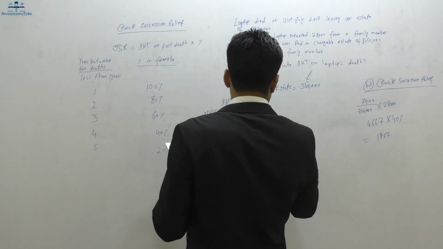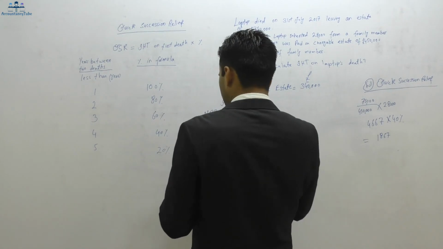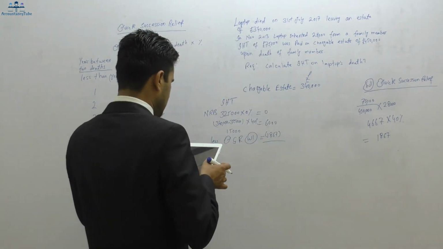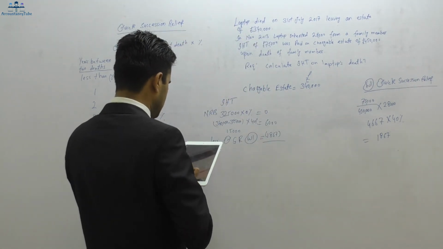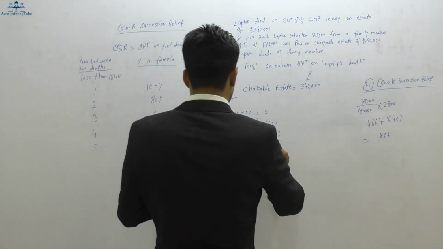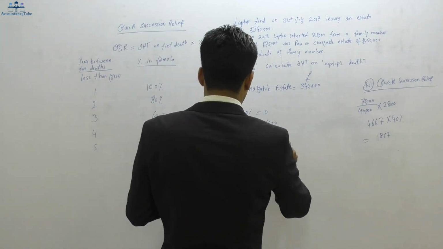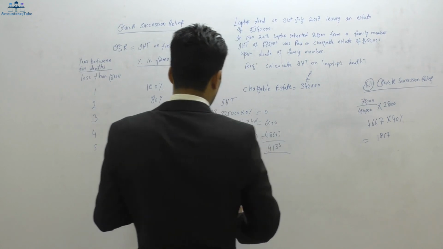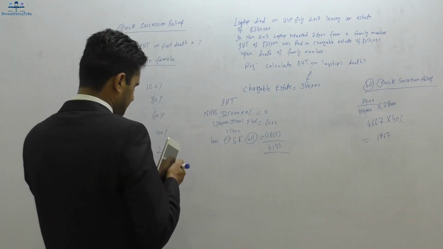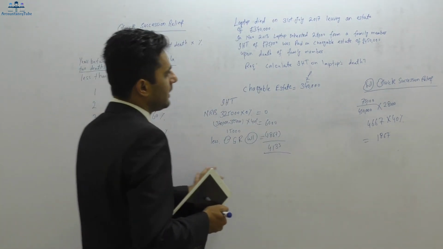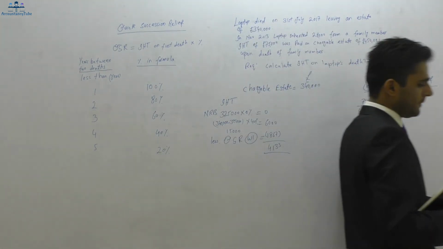So that would be 1867. The quick succession relief will be deducted, and if we deduct this amount out of the £6,000, that is 4133. That is the inheritance tax on death. Right, so that's how the quick succession relief works.